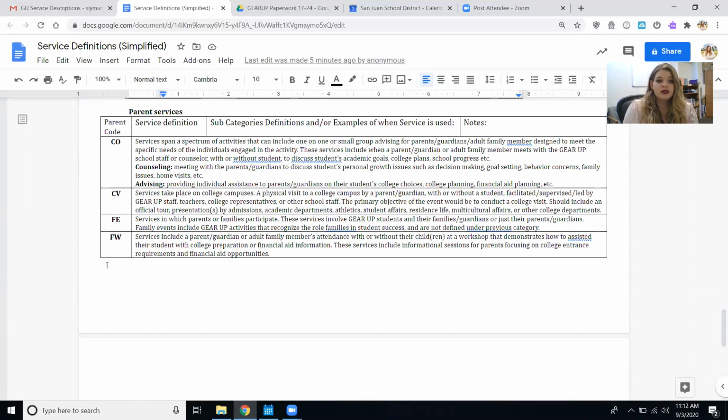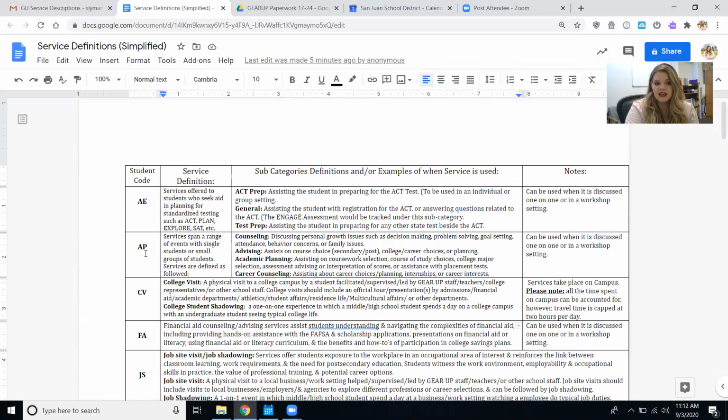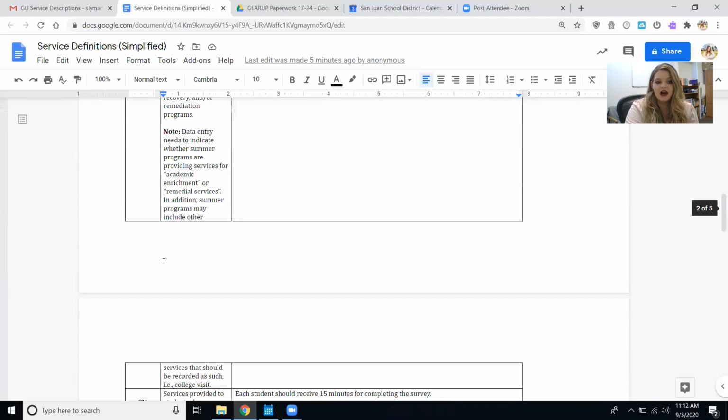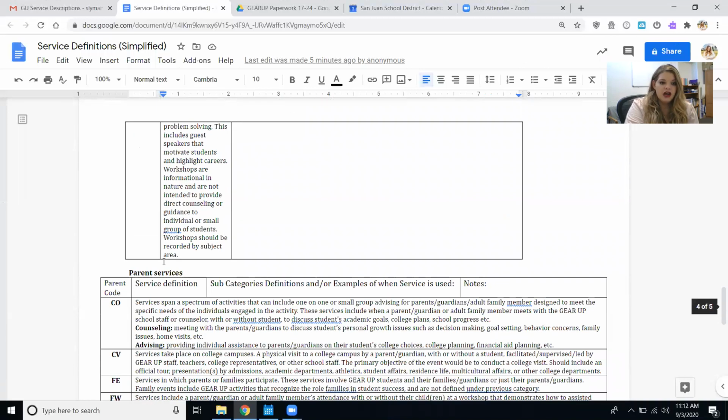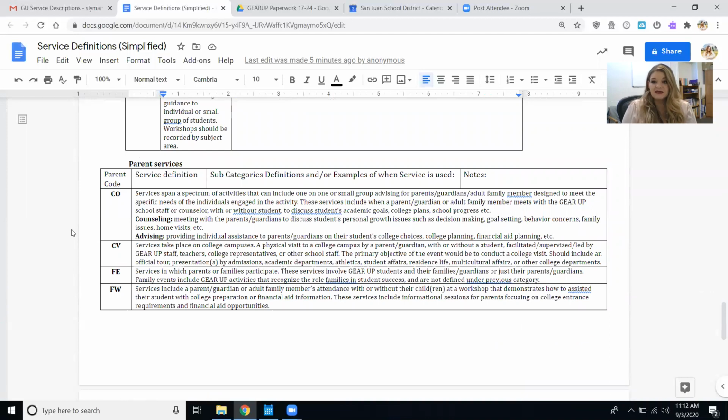So rule of thumb, 99.99999% of the time, you'll probably be using CO. This is kind of like our AP of the student codes, the AP up here. This is the all-inclusive, I don't know what else to put, so this will probably cover it code, okay? This is when you're talking with a kid, advising them, anything like that.